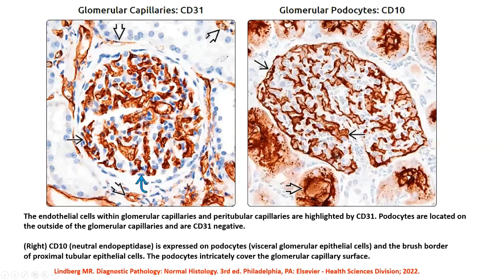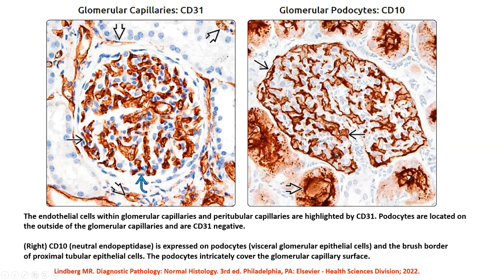You could use IHC in order to visualize the various structures of the glomeruli and its surrounding neighbors, but it's not utilized for this purpose. But in this case, I'm just showing these two images to highlight the fact that you can use CD31 to pick out the glomeruli and also the blood vessels which are situated in proximity to the glomeruli, and the podocytes which may be otherwise inconspicuous on an H&E stain can be picked up with CD10.